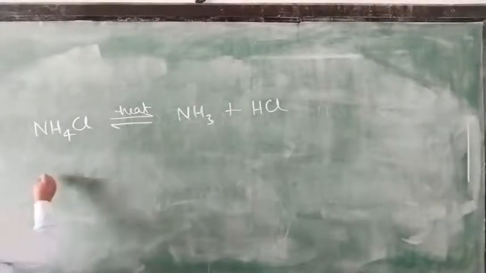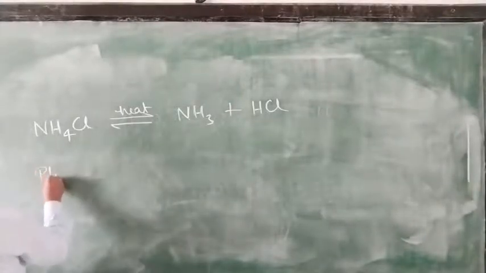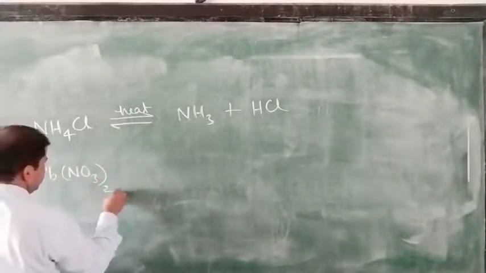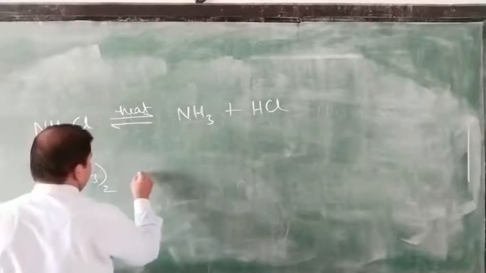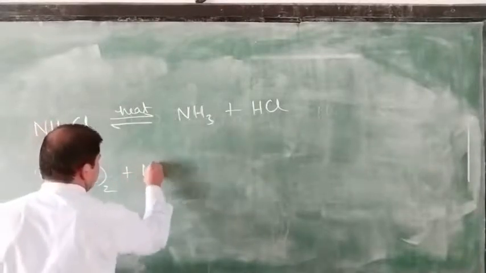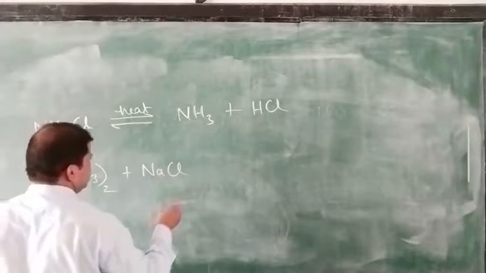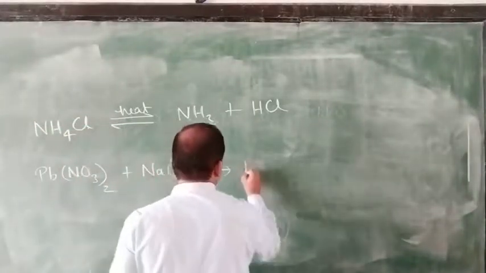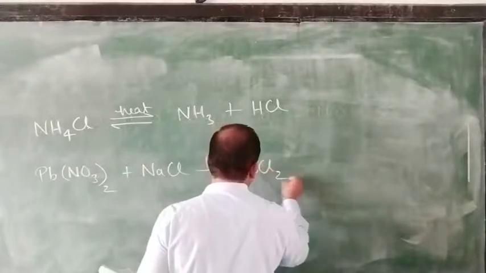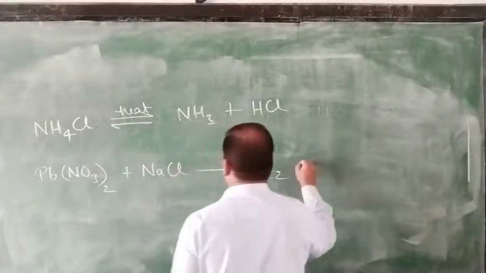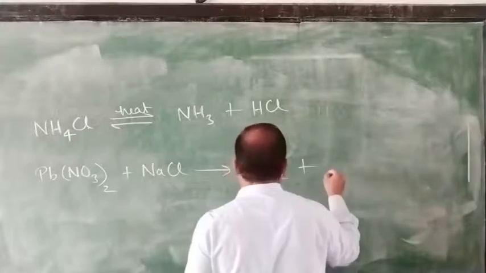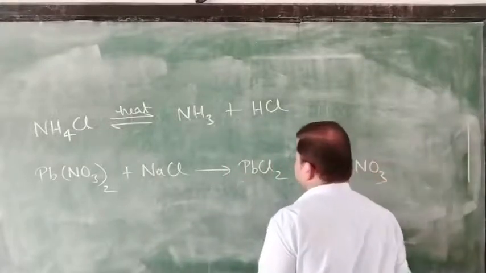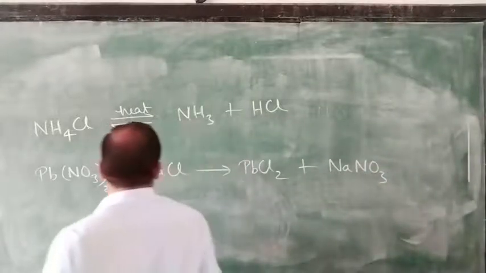Soluble lead salt means we can take lead nitrate. React with the NaCl and we get PbCl2 and NaNO3.